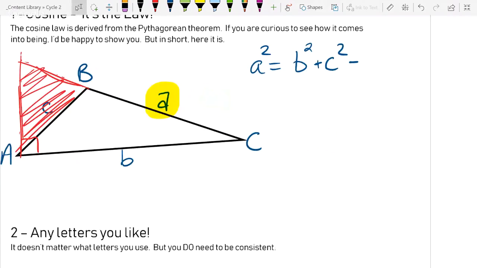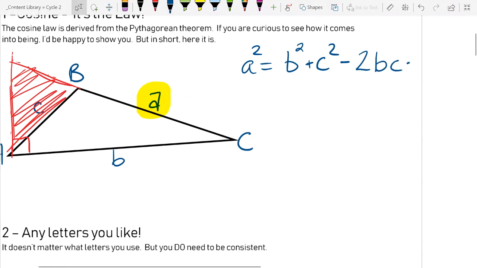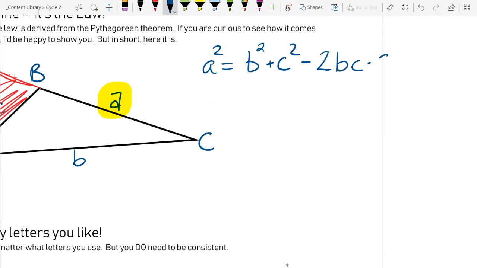And again, I can show you the math another time, but does anyone remember what it ends up being? It's A squared equals B squared plus C squared minus... Not AC in this case. In this case, BC. And then times... It's the cosine law. What haven't we used yet? Cosine. So here's its big moment to shine because it's 2BC times the cosine of the angle.